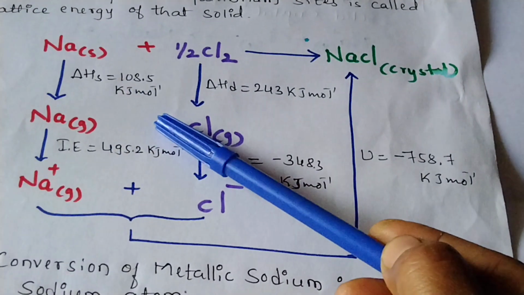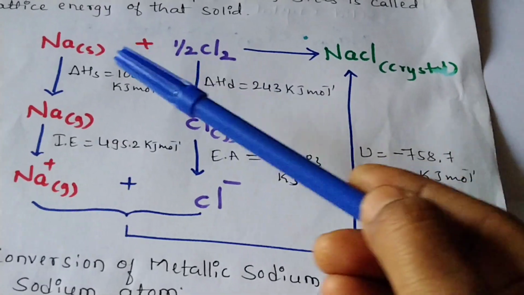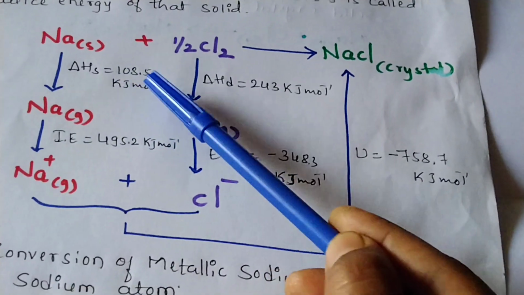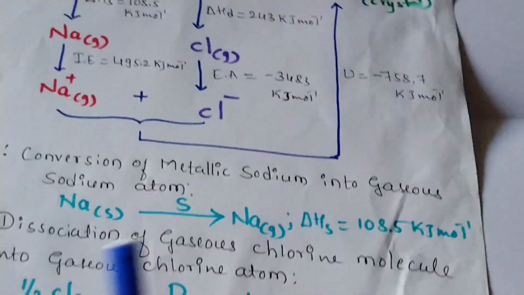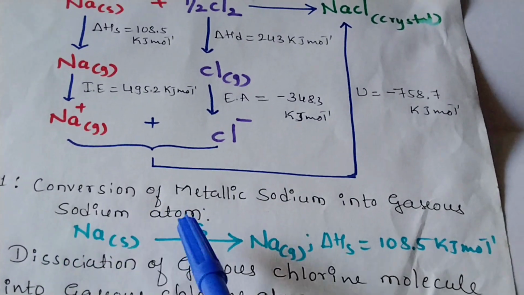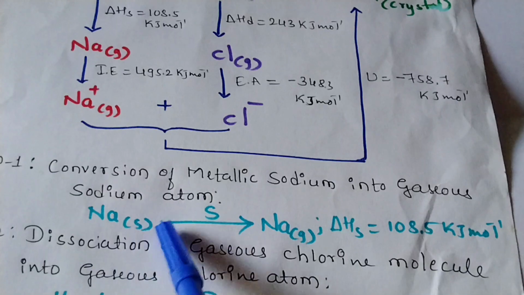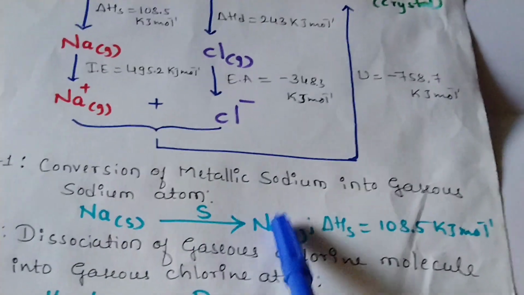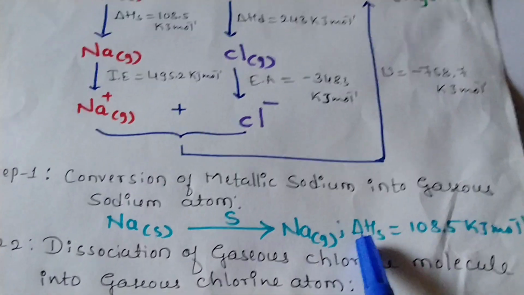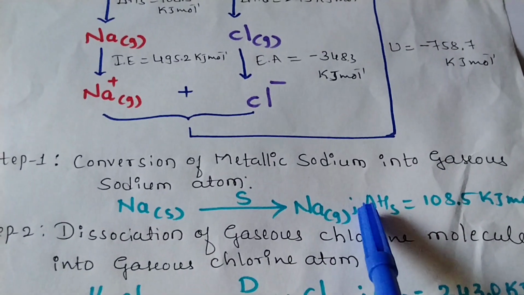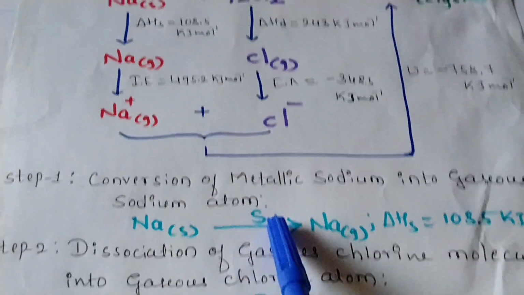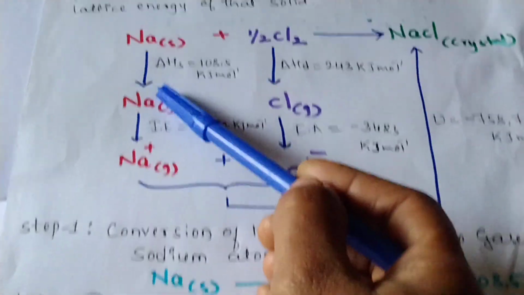That energy is called sublimation energy, 108.5 kilojoule per mole here. So this metallic sodium will be converted into gaseous sodium atom, requiring sublimation energy, denoted by S. This is the first step.